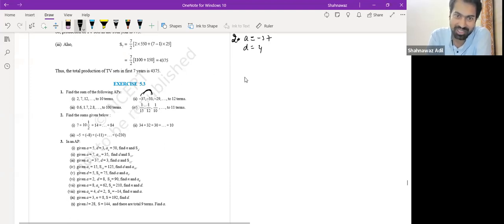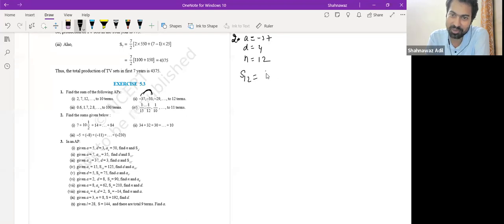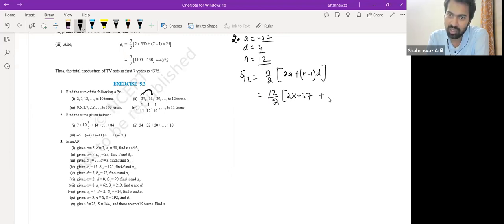So N is 12, and we can apply this S12. This would be N by 2 into 2A plus N minus 1 into D. We know all these terms. N is 12 by 2, into A, which is minus 37; N minus 1 is 11, D is 4.